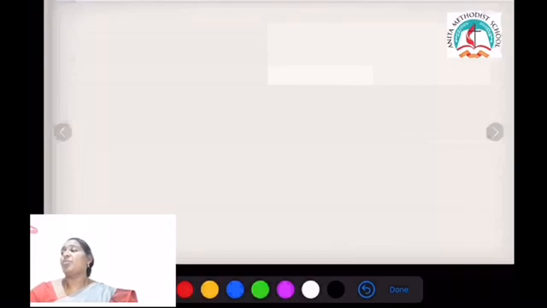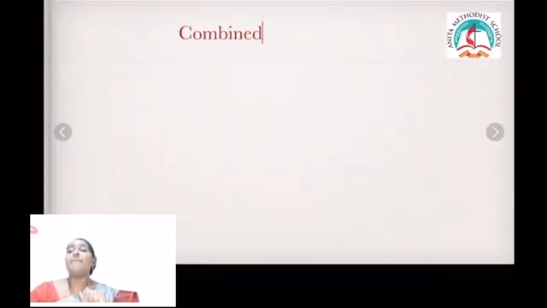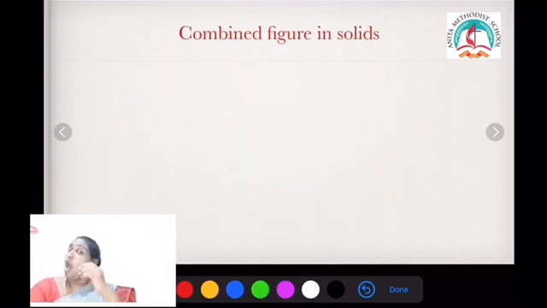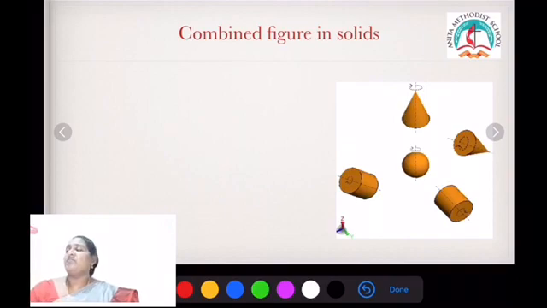Today, we are going to learn combined shapes. How can we combine figures in solids? How to combine two or three or more solid figures.